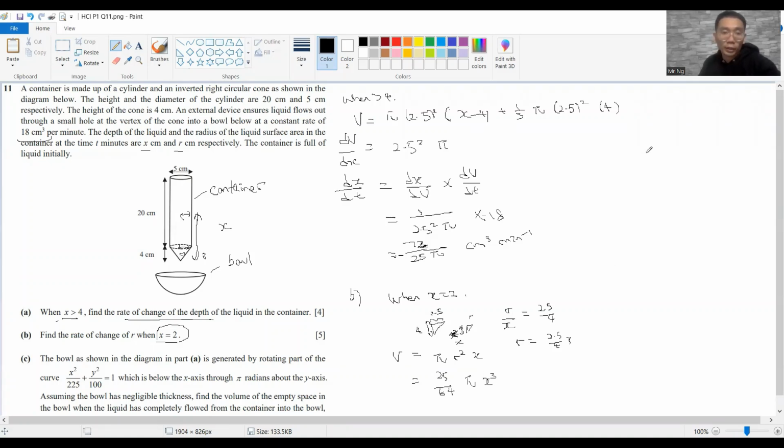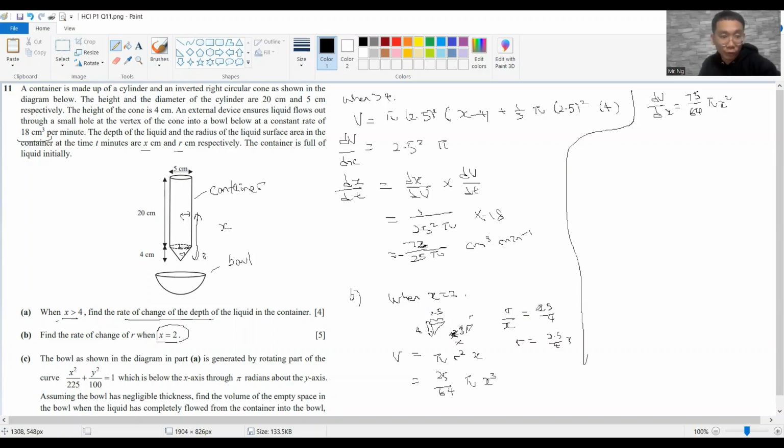After that, your dV/dx now will be equal to 75 over 64 pi x squared. So as a result, what's the rate of change?